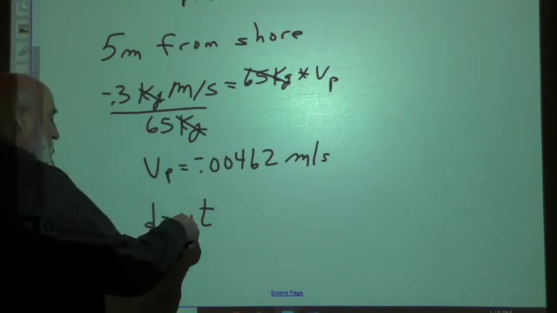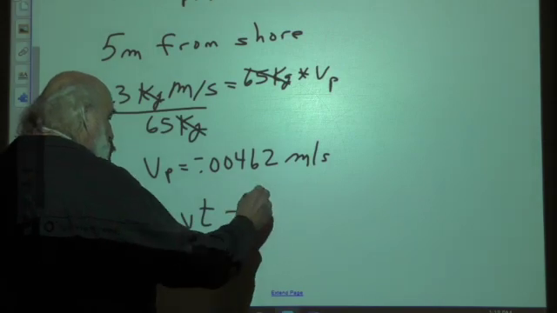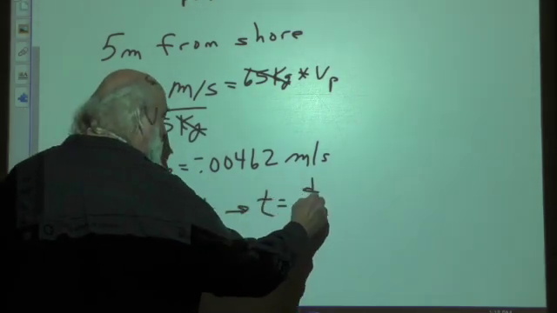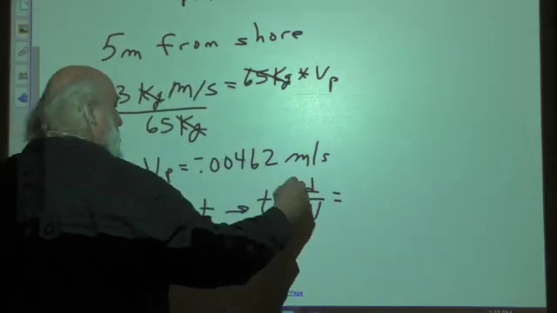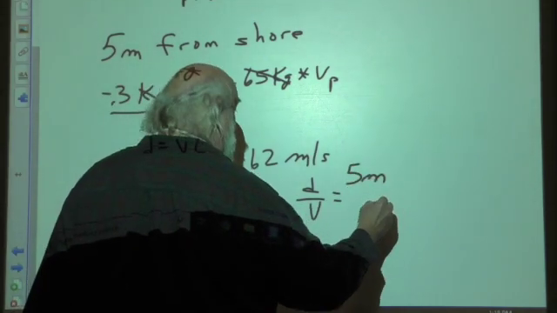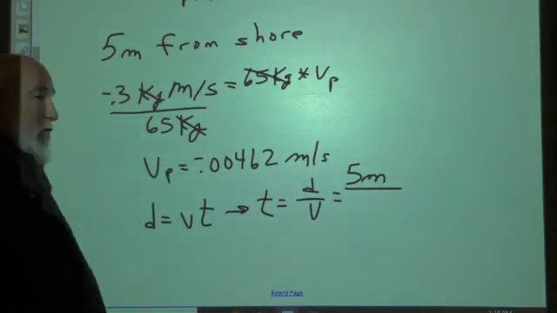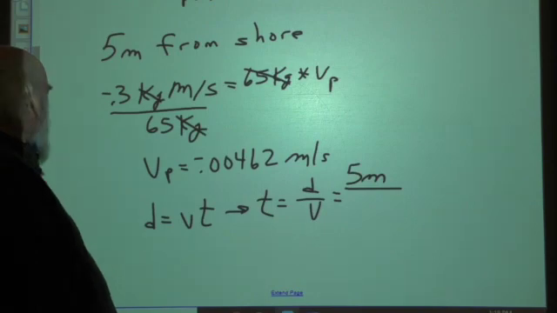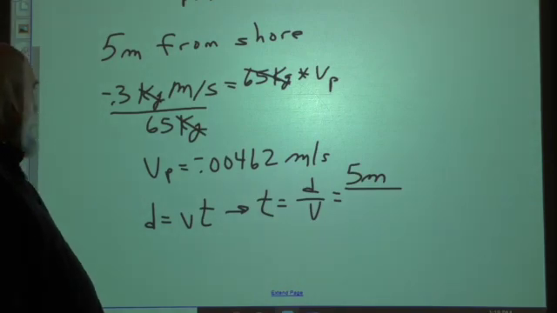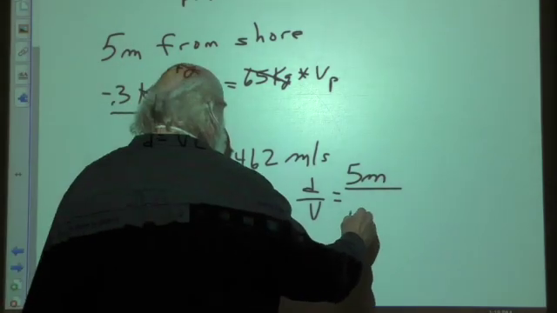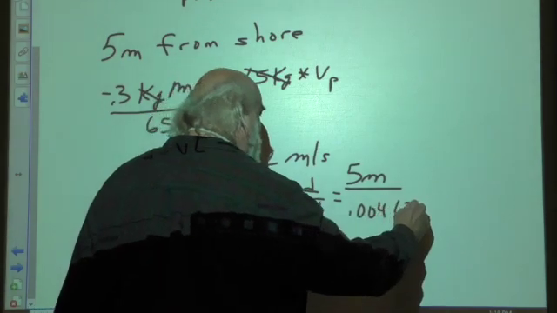So we rewrite this in terms of t: t equals d over v. This is 5 meters from the shore, and the velocity is 0.00462 meters per second.